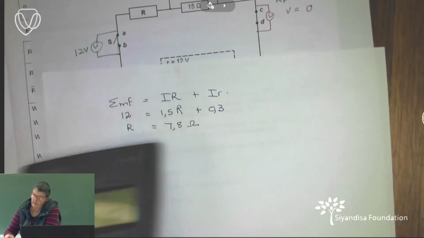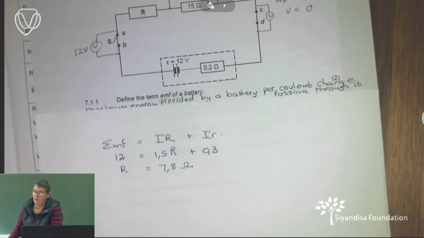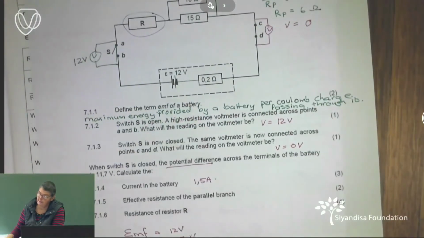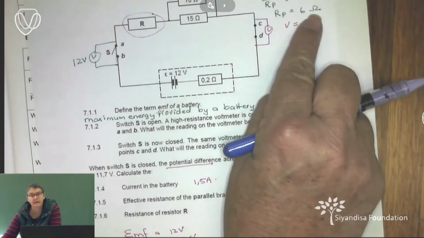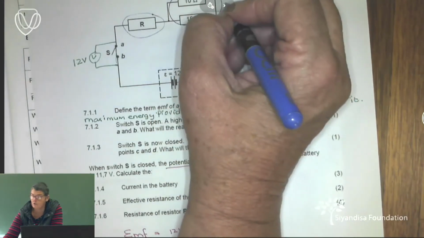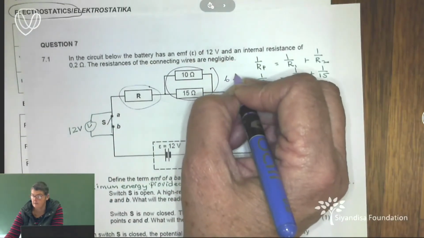Yes, I get 7.8 ohms. Okay, now remember that I only want to know what R is. We've just worked out the effective resistance for my parallel circuit, so that gives me 6 ohms.